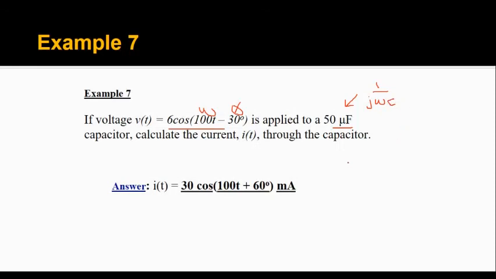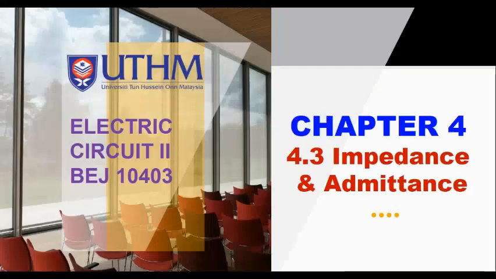This becomes ZC. Then you find the current by V divided by Z, and you should get the current. That's all.